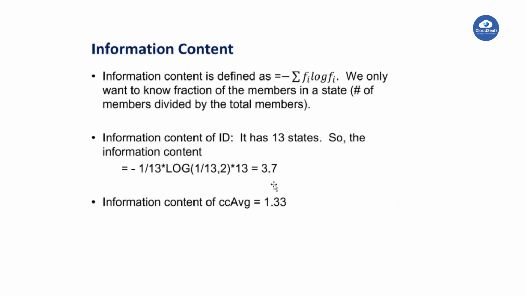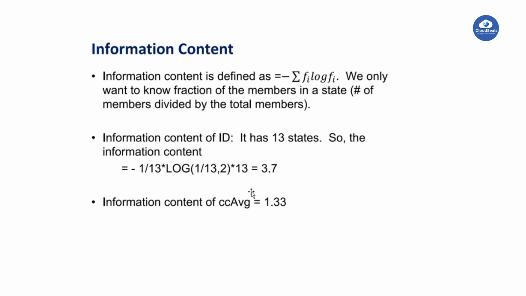Here, if we calculate only the information content, which will get a high value? ID. We would need to give high priority to the ID value compared to CC average. Why? Because this is the high value. But due to this high variation, the information gain will fail.